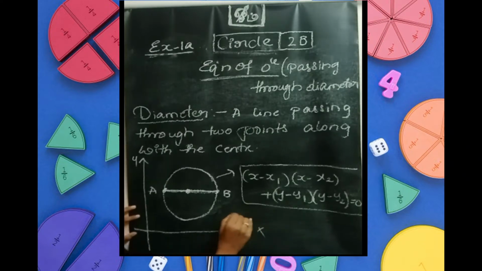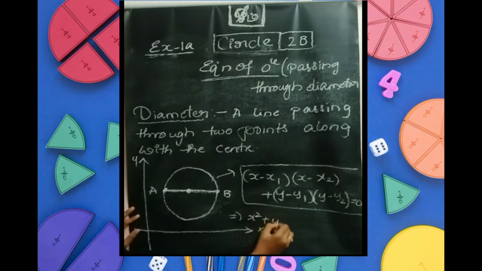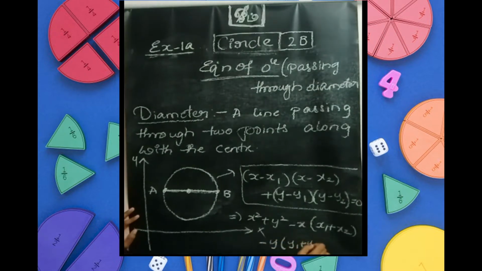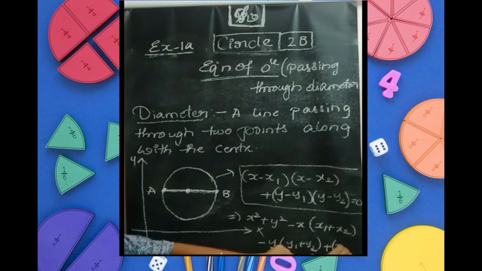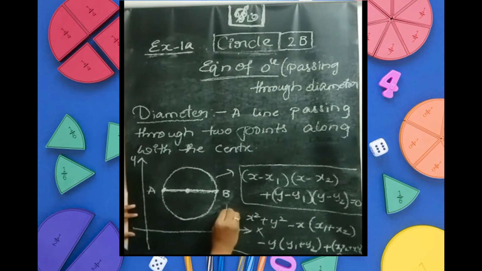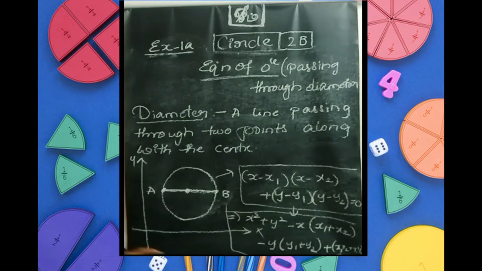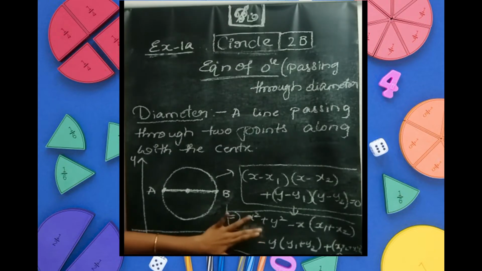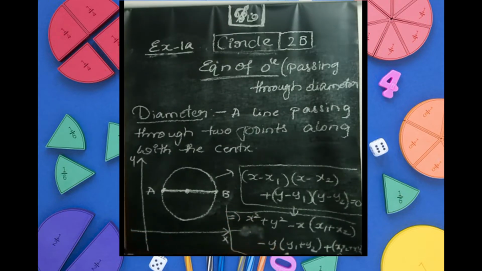By simplifying, we get x square plus y square minus x into (x1 plus x2) minus y into (y1 plus y2) plus x1 x2 plus y1 y2 equals 0.